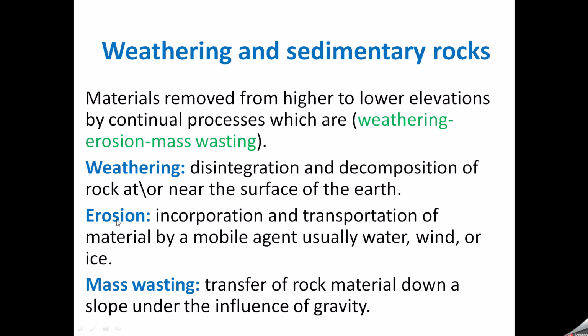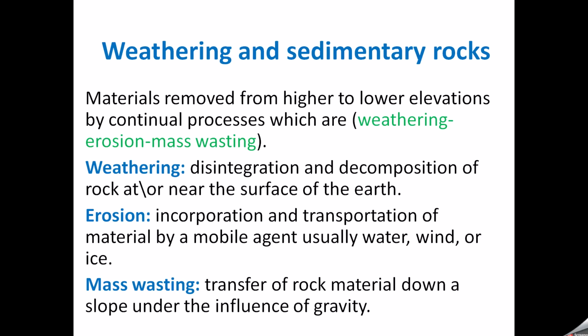Now the second part, erosion: incorporation and transportation of material by mobile agents. Which material? The weathered material. By mobile agents, usually water, wind, or ice. So erosion is the transportation process of the weathered material.